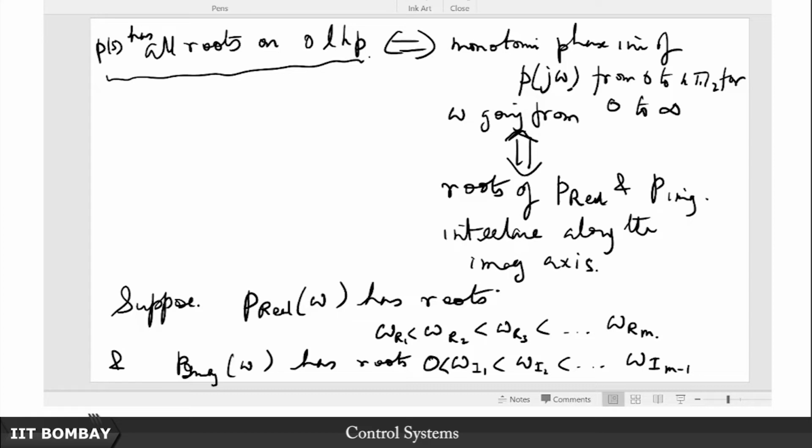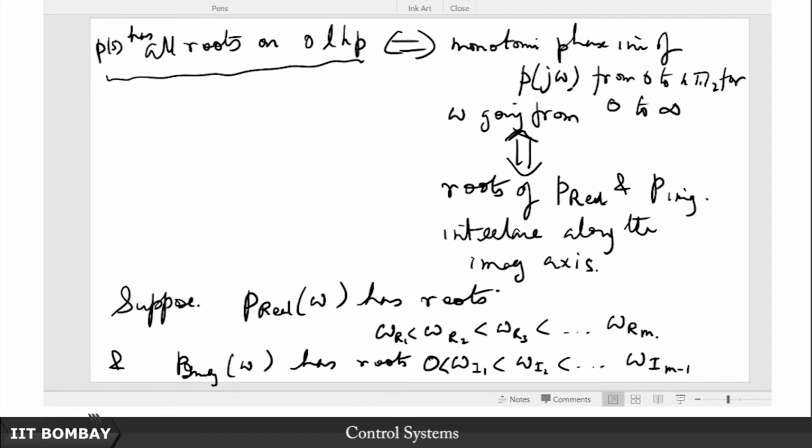Focus on just the positive imaginary axis, let omega 1, omega 2, omega 3 keep increasing from 0 to infinity, and look for the roots of the real and the imaginary part, which are the even and the odd part of the polynomial.